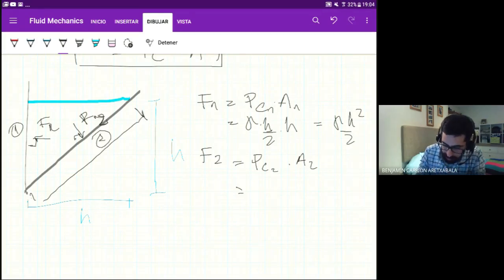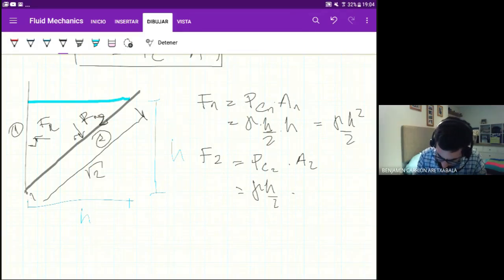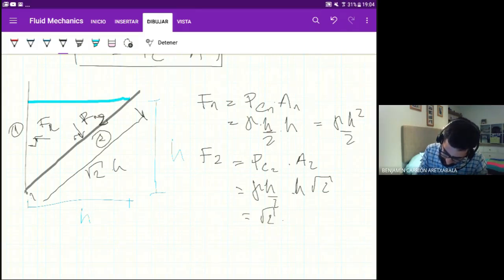So the pressure at the middle point, again, is gamma h over 2, but the area now is different. If this is h and this is h, this should be square root of 2 times h. So the area is going to be h times square root of 2. It's pretty much the same as before, but we have that square root of 2 in front.